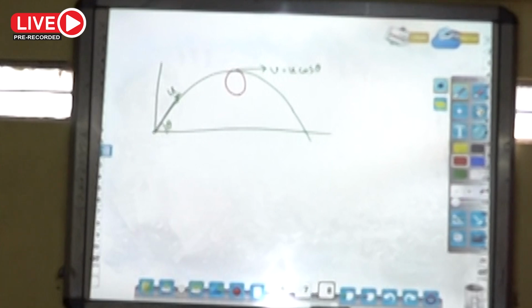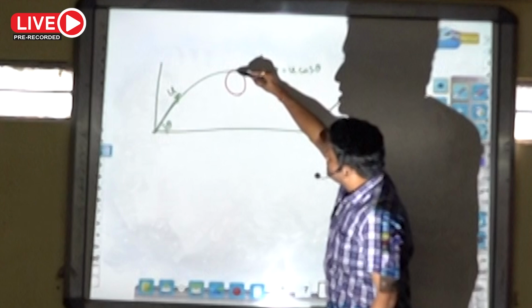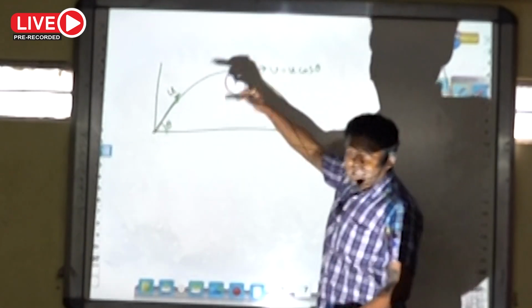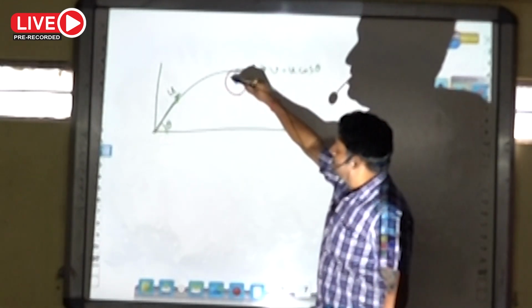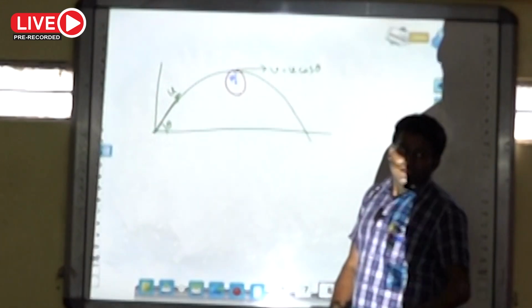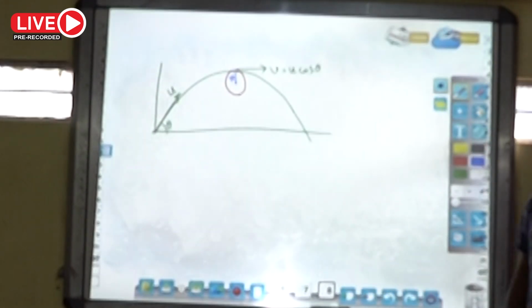While differentiating a curved line, you consider that small portion of the curve almost like a straight line. Now we are doing a better approximation, that small portion of the curve is considered as a part of a circle. It is not related to the range. Now what is the acceleration at that point?